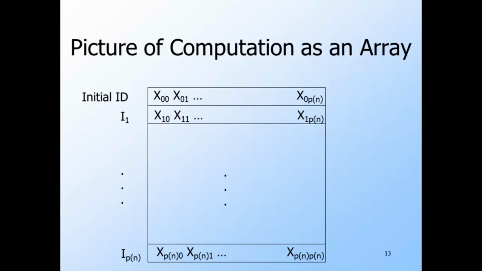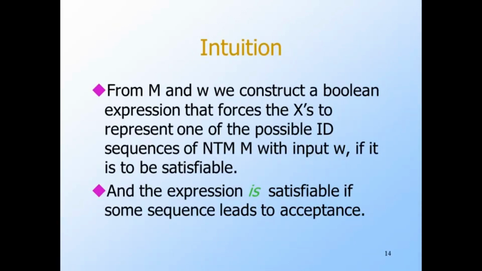And the expression also requires that the state in the final ID, I sub P of n, is an accepting state. Thus, from M, which it knows, and w, which it sees, the transducer constructs an expression. Any satisfying truth assignment for this expression will give the x's the proper values that form an ID sequence of M with input w, leading to acceptance.